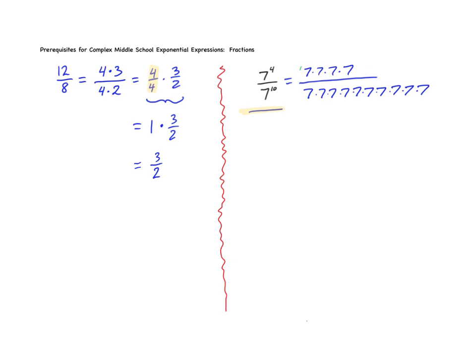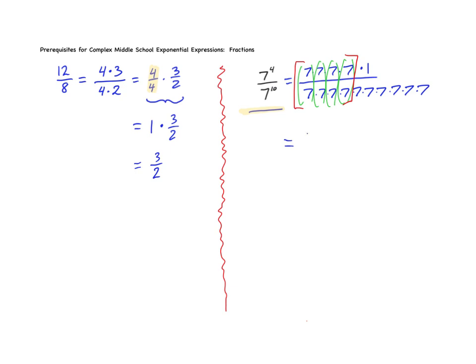Now we can notice that we can find some ones. 7 over 7. Or actually, I could also say that I have that in 7 to the 4th over 7 to the 4th.